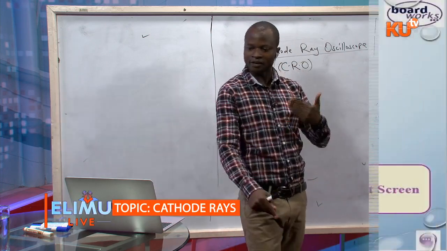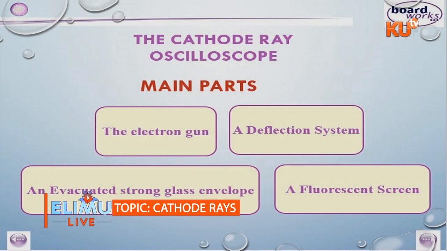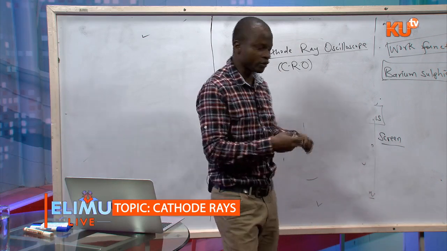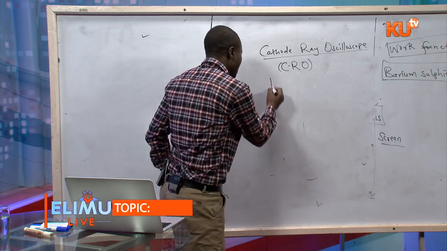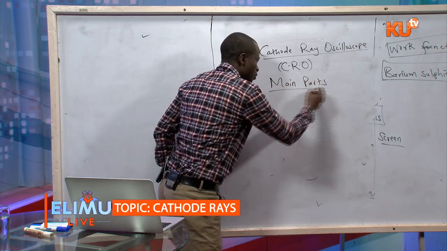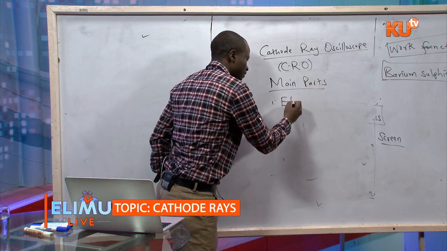Another one is a deflection system. Then we have an evacuated strong glass envelope, simply a vacuum, and a fluorescent screen. Now we may test you on each of these parts separately. So we have talked about the main parts. Main parts being one, electron gun.